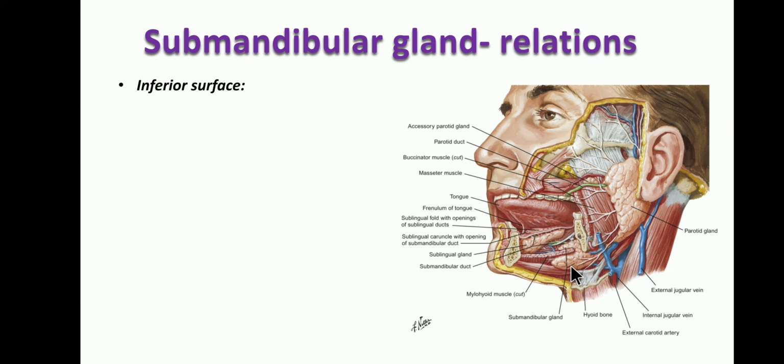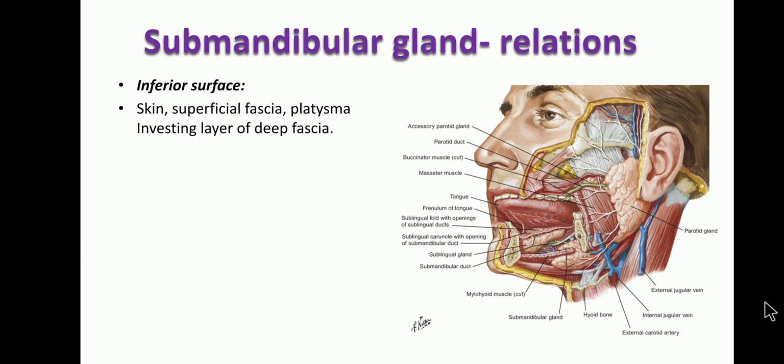The inferior surface is what you can palpate as a mass below the lower border of the mandible in the submandibular region. It is mainly related to skin, superficial fascia, platysma, and the investing layer of deep cervical fascia.